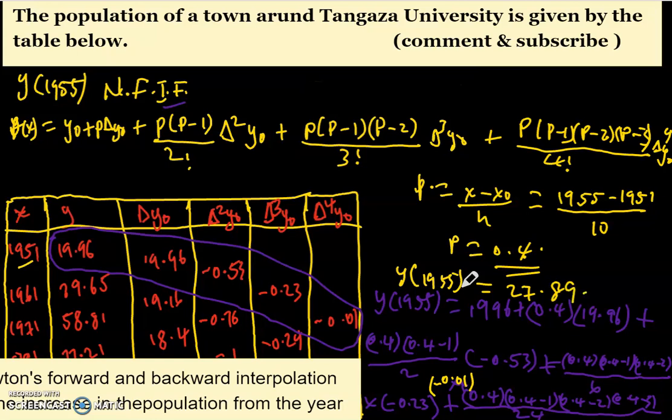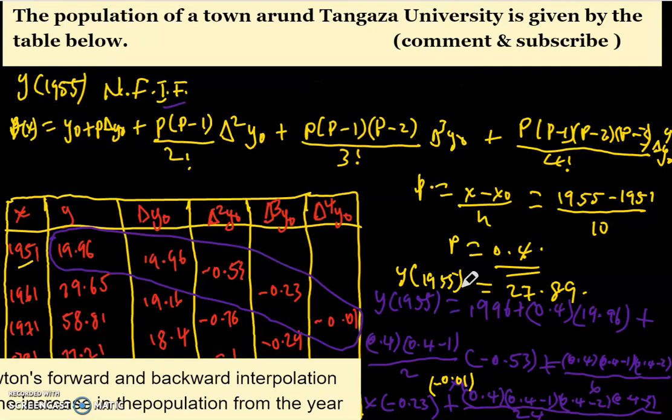When you plug this into your calculator, of course, you multiply each of these with the forward differences. Here we multiply with the second forward difference, the third forward difference, and the fourth forward difference, which is negative 0.01. This is our first forward. We have x naught, first forward, second forward, third forward, and then the fourth forward.